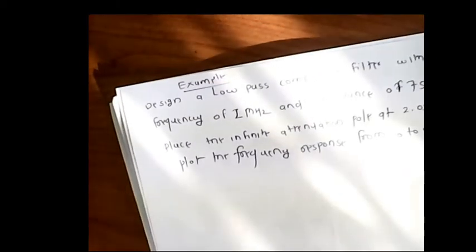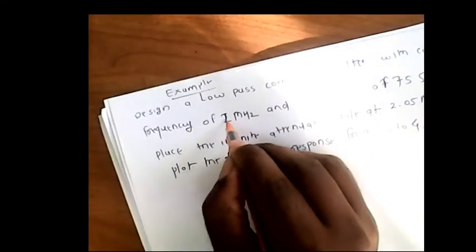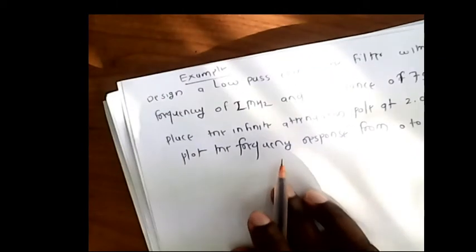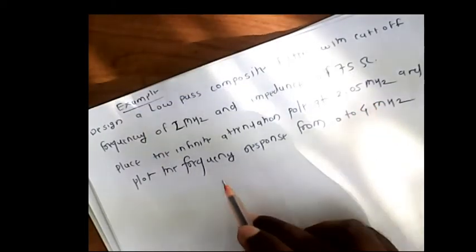We take an example. Here we provide a numerical to better understand. This is an example to design a low pass composite filter with cutoff frequency 2 MHz and impedance of 75 ohm. Place the infinite attenuation pole at the frequency 2.05 MHz and plot the frequency response from 0 to 4 MHz.